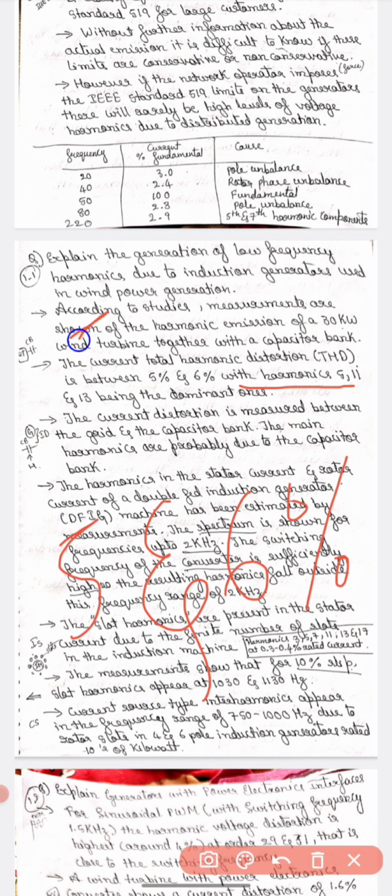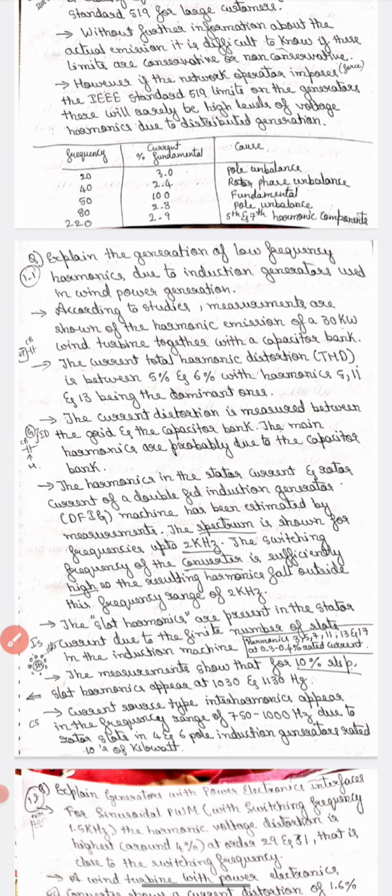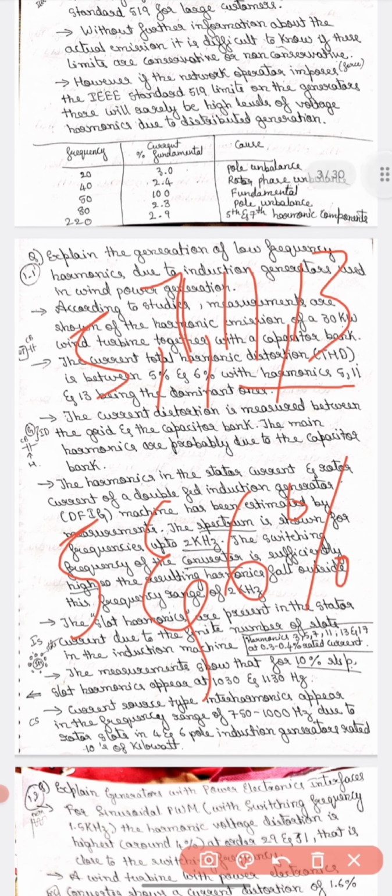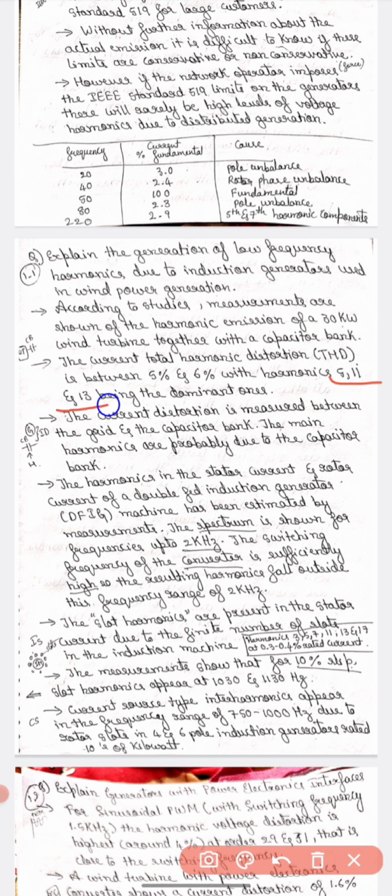So how is the current distortion measured? Remember it as ID. The current distortion is measured between the grid and the capacitor bank. But the main distortion will occur due to the capacitor bank.